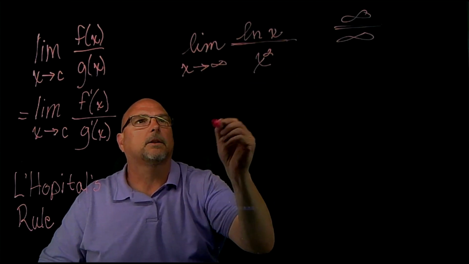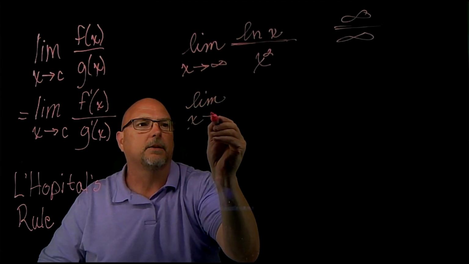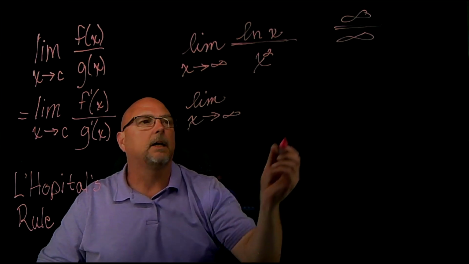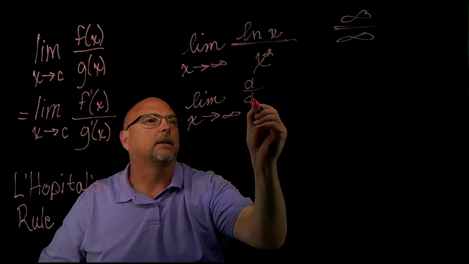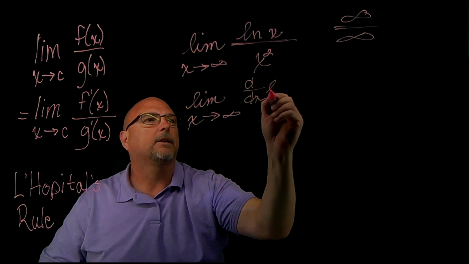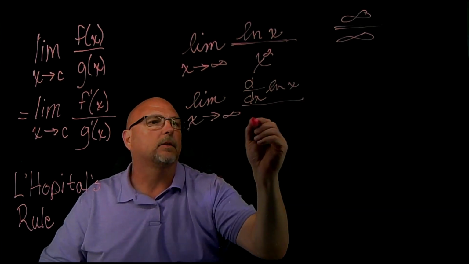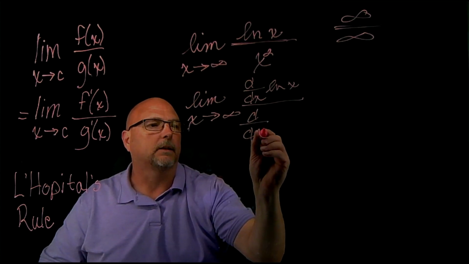So in the first step, I'll just write down that I'm taking the derivative, as x goes to infinity, of the natural log of x over, I'm sorry, over the derivative of x squared.